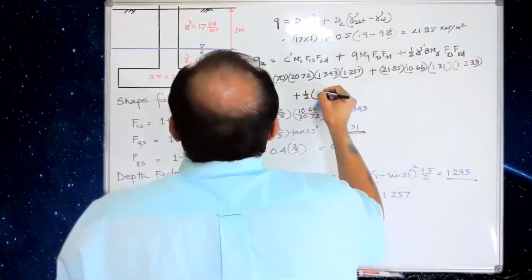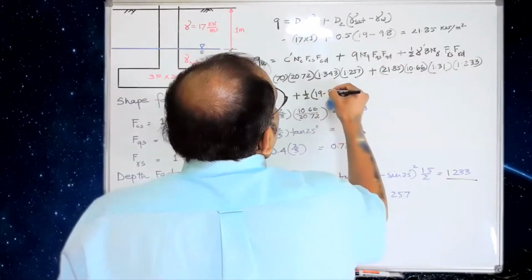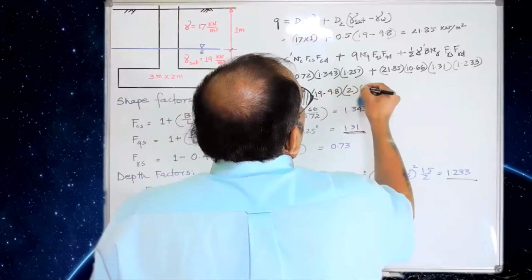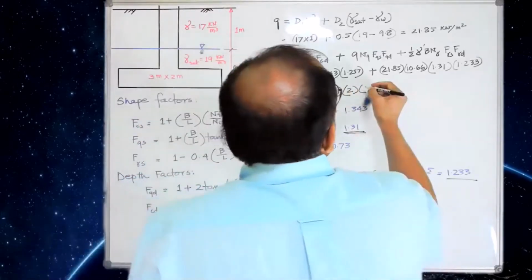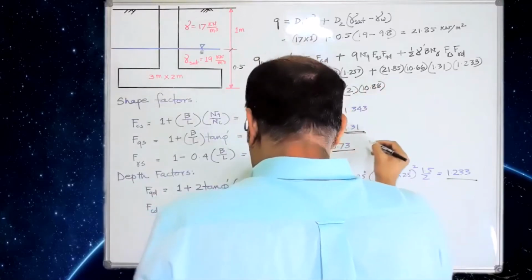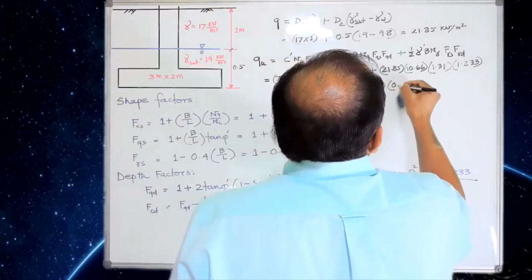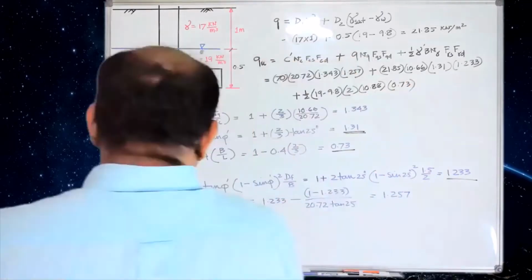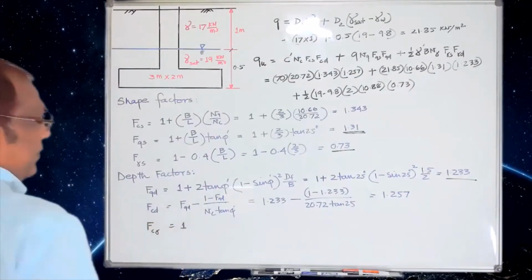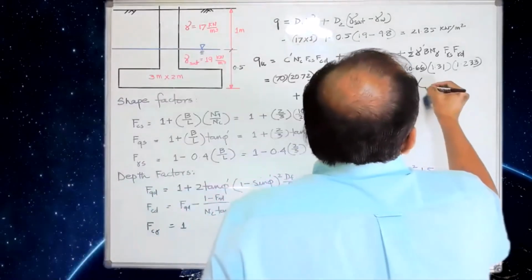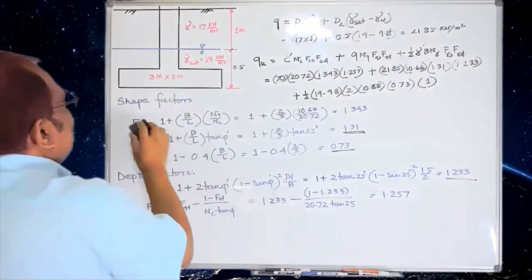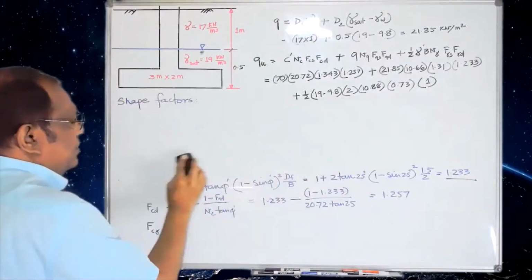This one is actually 19 minus 9.8. Then B is 2. Then gamma is 10.88. Then this is 0.73. And by default, your Fcγ is equal to 1. So now I can take this part off because I already put all these values here.